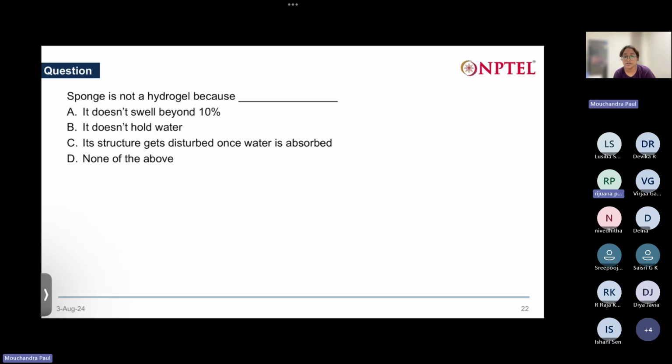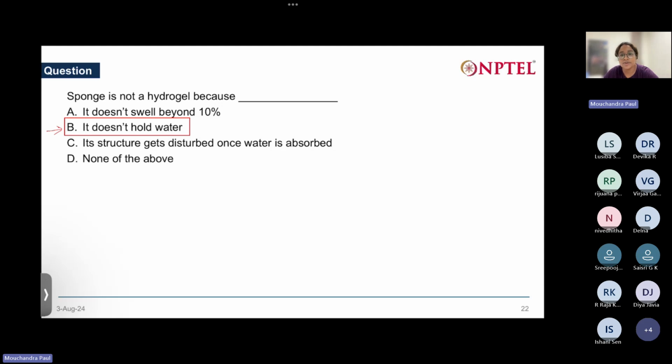It does not hold water. Option B, right. So yeah, it makes sense. I'll not take too much time on this question. It is correct. Since a sponge does not hold water, it is not a hydrogel.